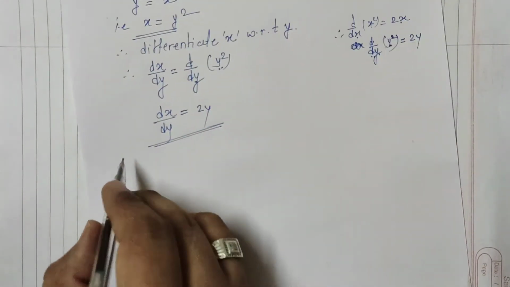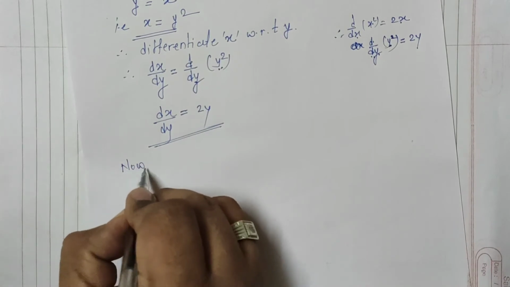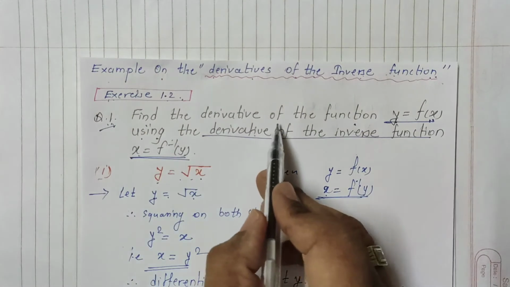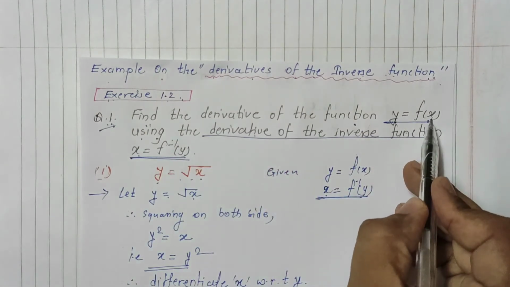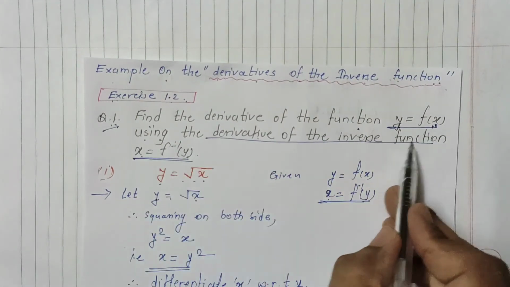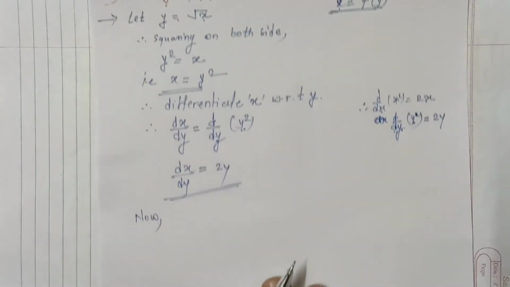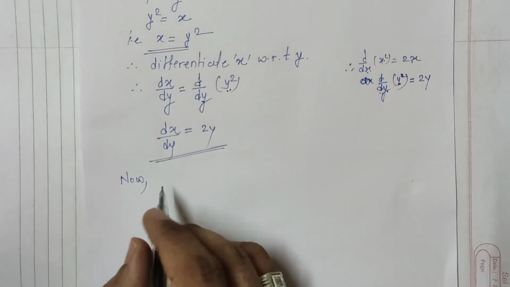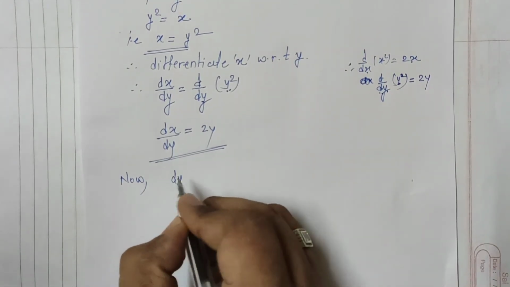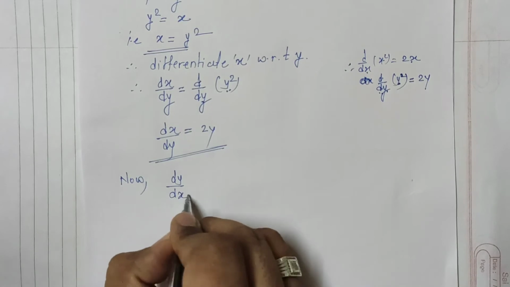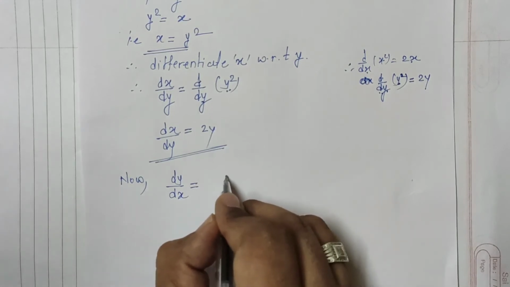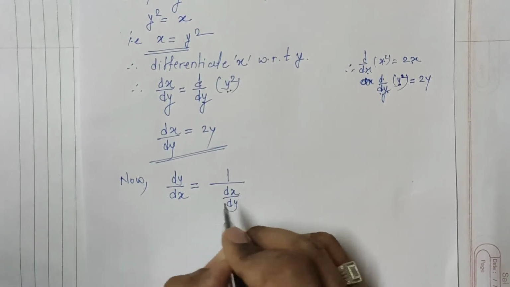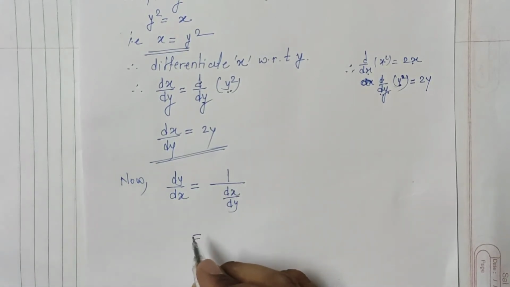But now you have to find the derivative of the function y with respect to x, by using the derivative of inverse function concept. So by using the inverse function formula, dy by dx is equal to 1 upon dx upon dy.